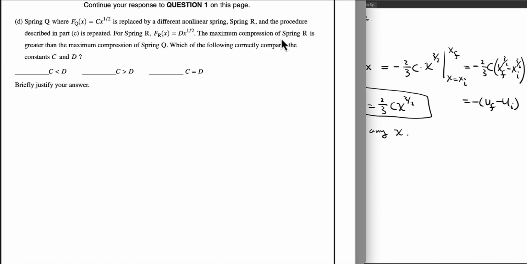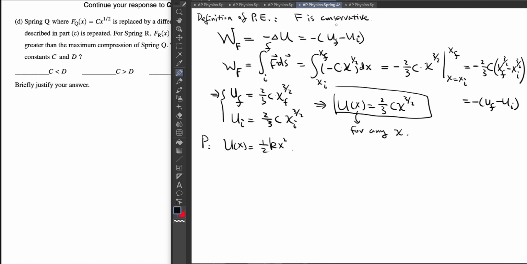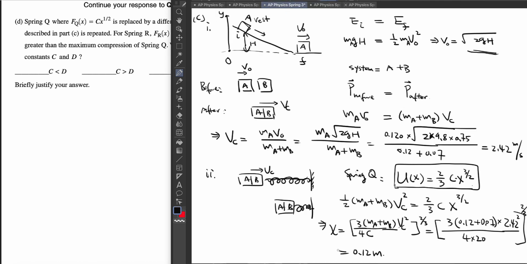The maximum compression of spring R is greater than the maximum compression of spring Q. Which of the following correctly compares the constants C and D? Remember, we already have that expression for the compression x. The initial kinetic energy of the two blocks is the same for both springs.